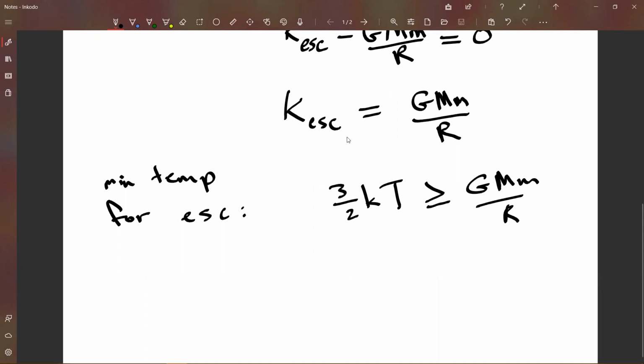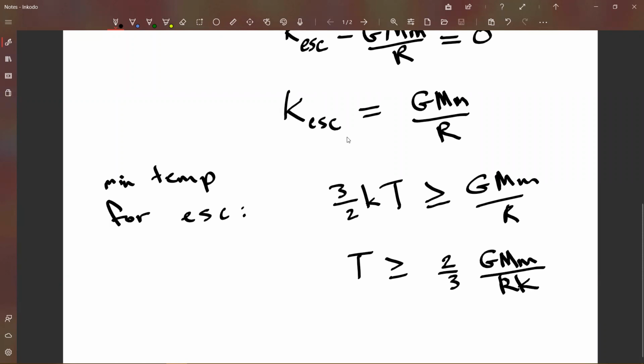Okay, again, this is the condition necessary for the average particle to have enough energy to escape. That's supposed to be a capital R there. So the absolute temperature must be greater than or equal to, we've got a 2/3 over here now, G big M little m over R k.